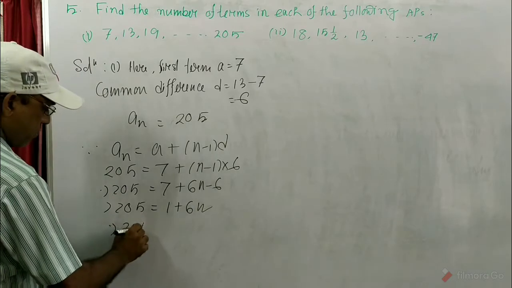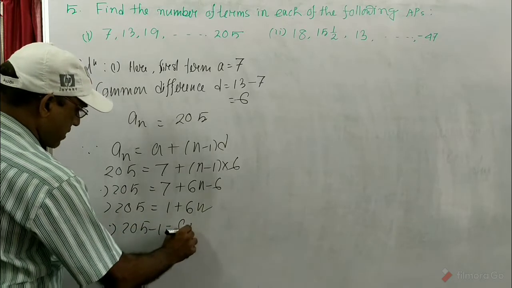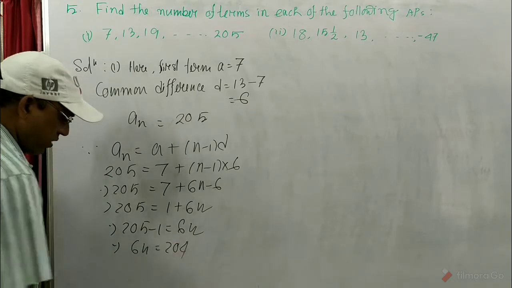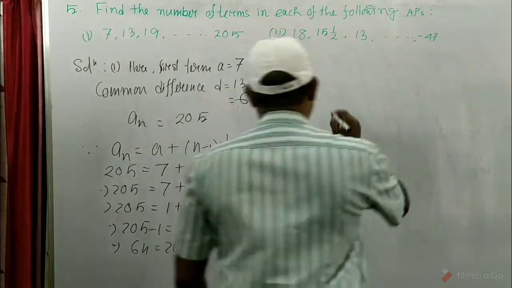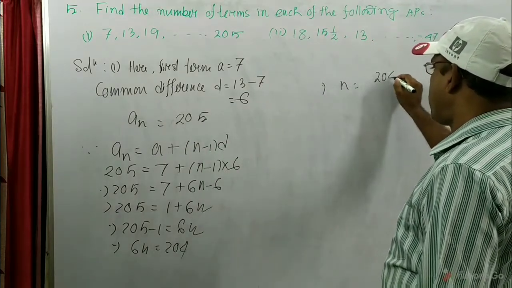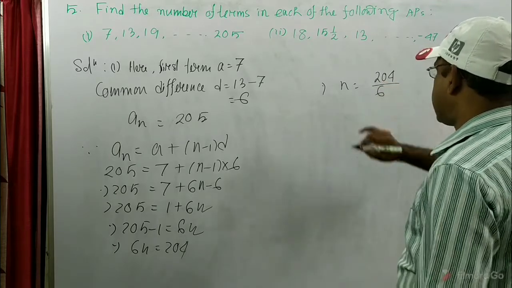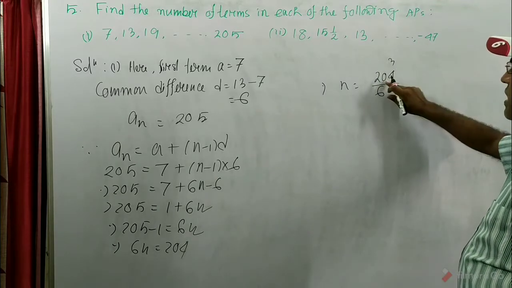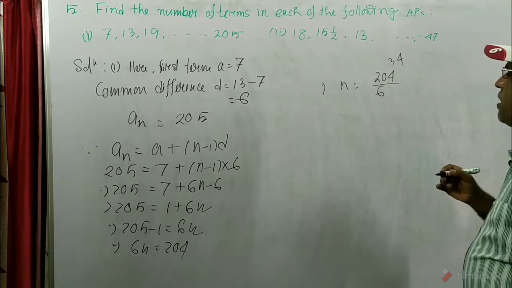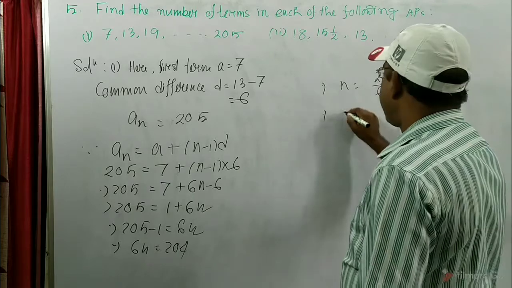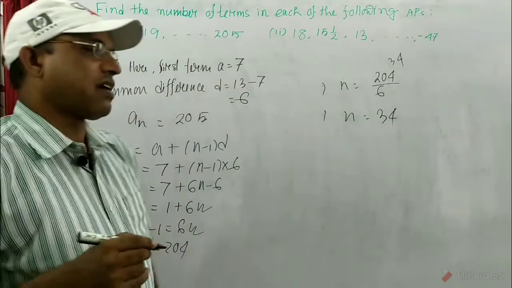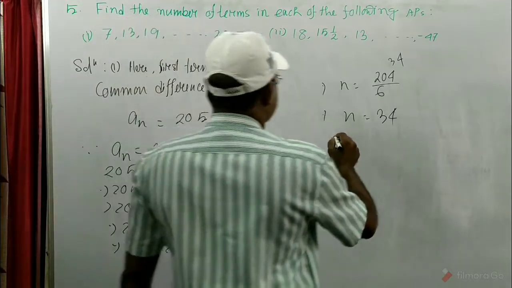So 205 minus 1 equals 6n, and 6n equals 204. n equals 204 by 6. 6 threes are 18, 24. 6 fours are 24. So n equals 34. The value of n is 34, and this is our answer.